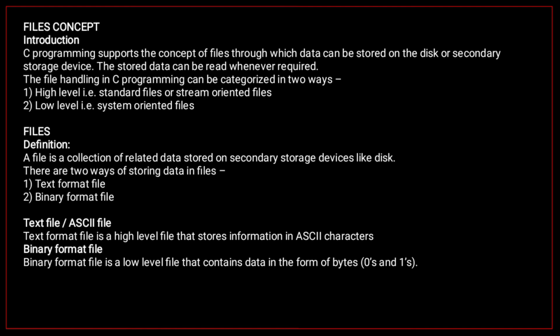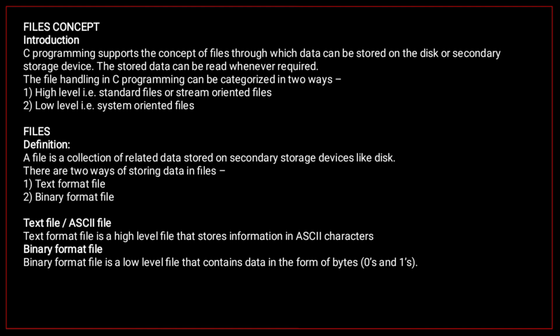Next, what is a file? How to define a file? A file is a collection of related data stored on secondary storage devices like disks. There are two ways of storing data in files. First, text format file, and second, binary format file. Now, first, text format, that is also called an ASCII file.